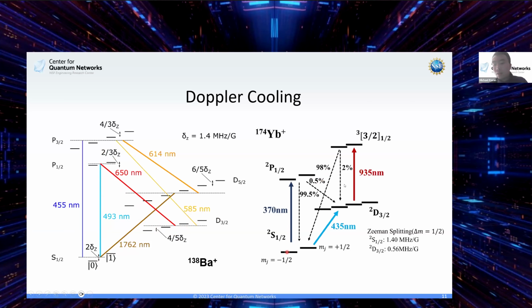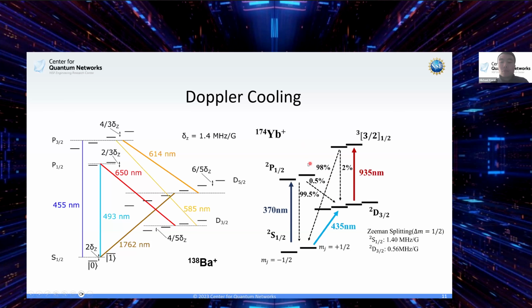For ytterbium-174, and likewise for 171, you have a much smaller percentage, only a 0.5% chance that it decays to the D state, but you still need to kick it back out.